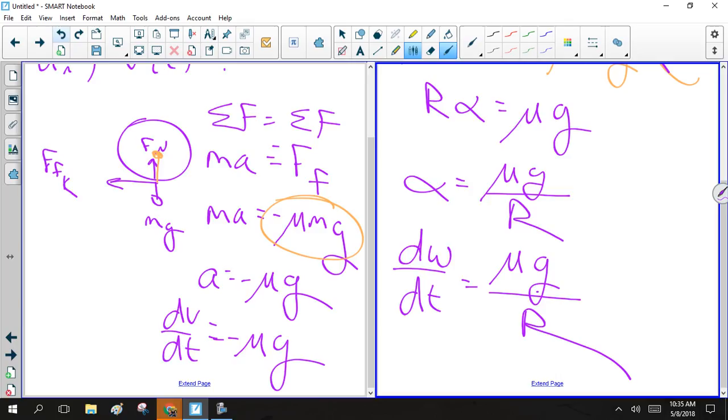So v equals omega r won't work there. But that's important, because the point at which it stops sliding is the point at which that does work. So what we want to do is find the point at which a does equal alpha r, or v does equal omega r. Clear?